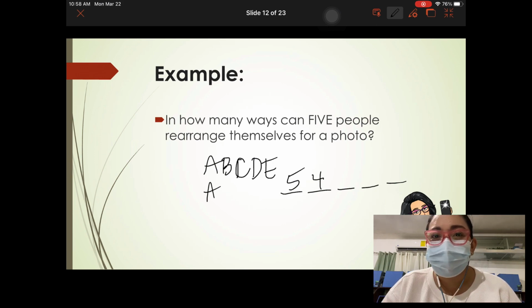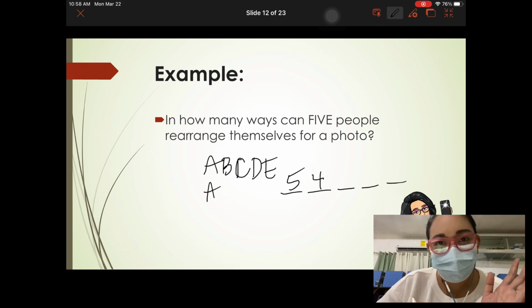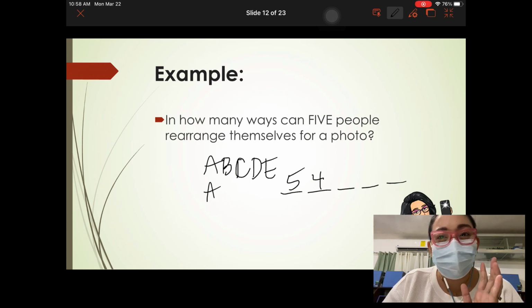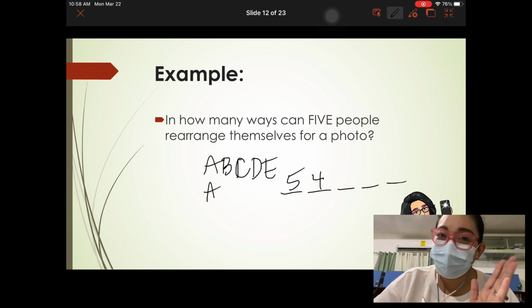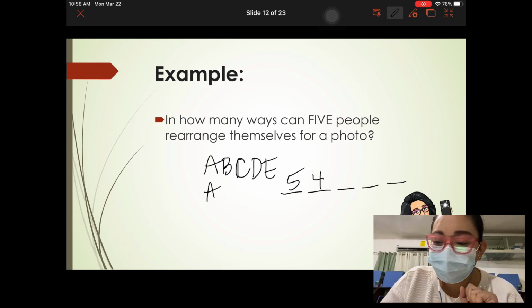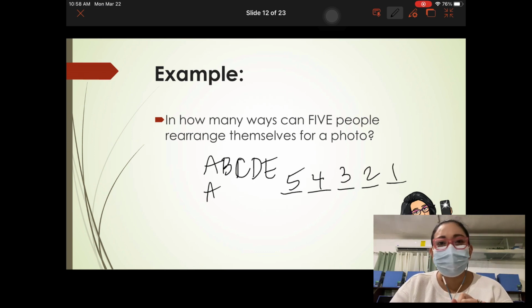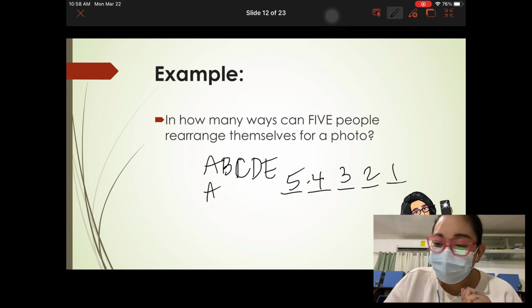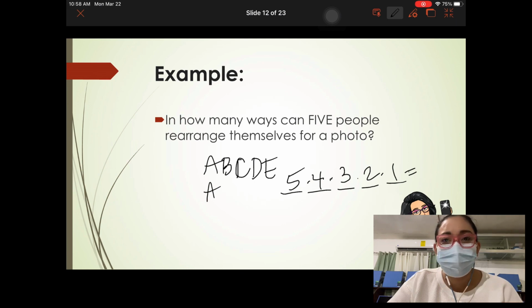On the third seat, so, occupied na yung first seat, occupied na yung second seat. Pagdating sa third seat, ilan na lang yung options mo? Nabawasan ulit. May nakaupo na kasi sa first at sa second, diba? So, 3. And so on, and so forth. Okay? So, anong gagawin natin dyan? According to the fundamental counting principle, you multiply the number of choices, right? So, multiply, multiply, multiply, multiply. How many possible ways can 5 people be arranged?